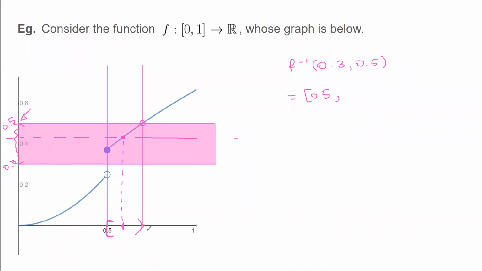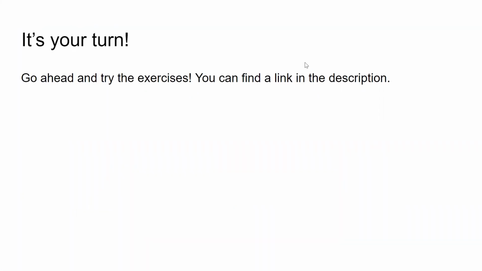I'm going to just call this number right here r. It's a half-open interval from 0.5 to r. And actually, this is not open. Now, since the inverse image of an open set is not always open, f is not continuous. All right, now it's your turn.